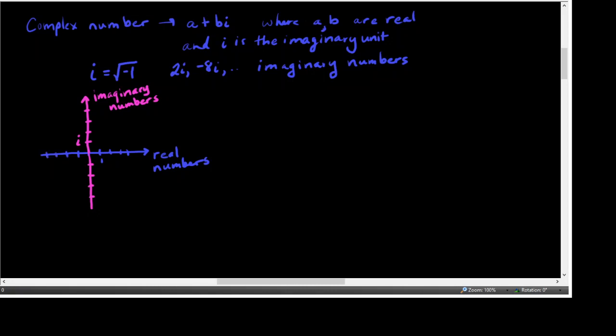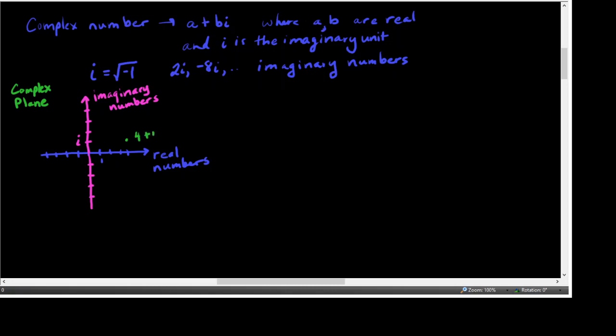And so this, what we've just set up, is called the complex plane. And it contains all complex numbers. And every number that can be graphed here is a complex number. For example, this one, which has a real part of 4 and an imaginary part of 1i.